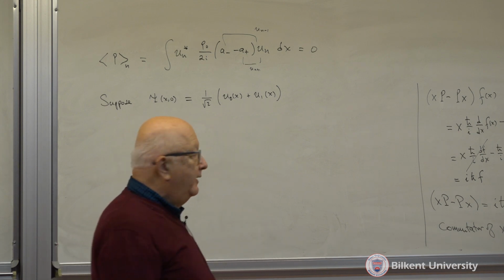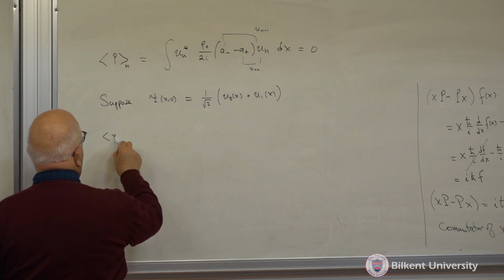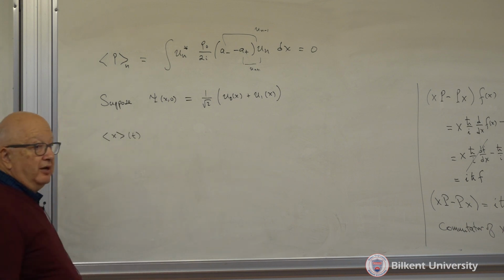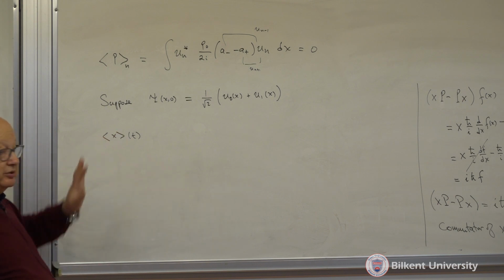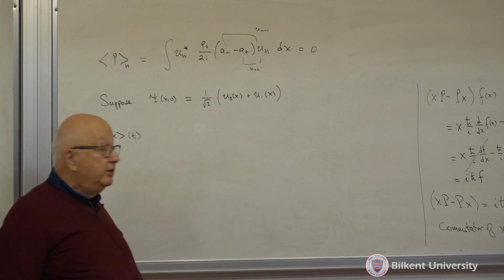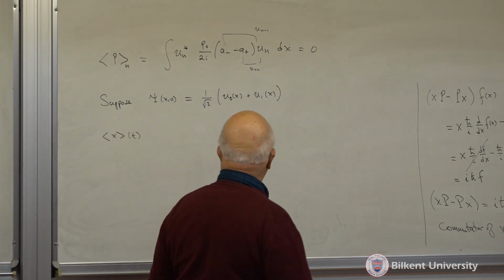Now, the question is, what is the average value of x as a function of time? Now, you see this is a mixed state. It's no longer a stationary state.